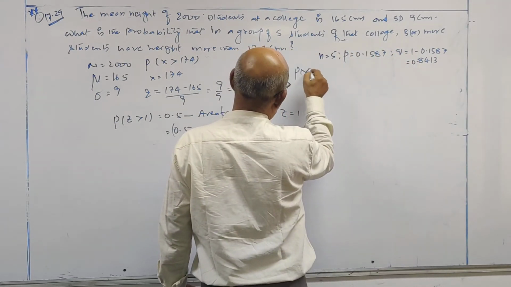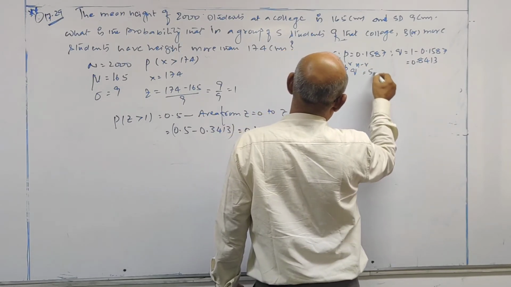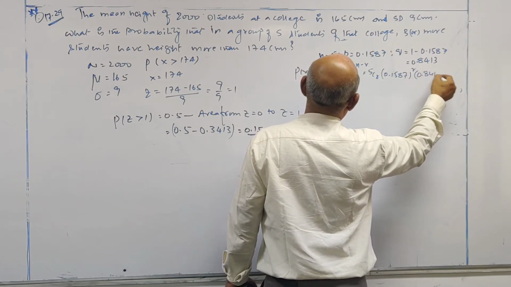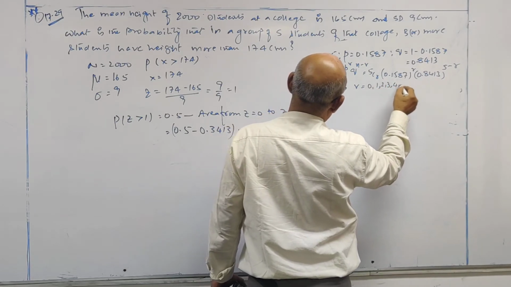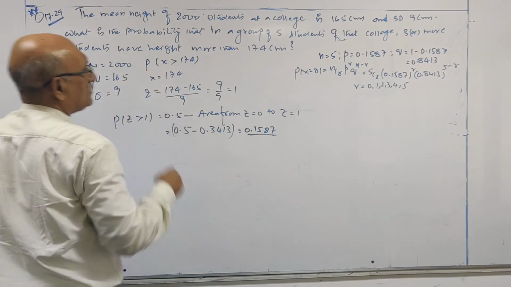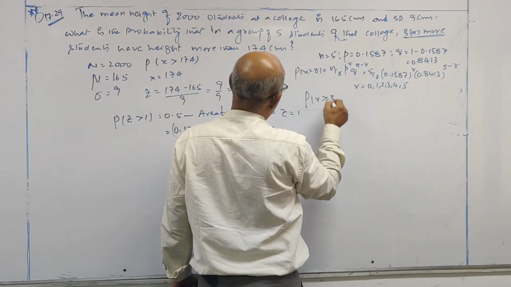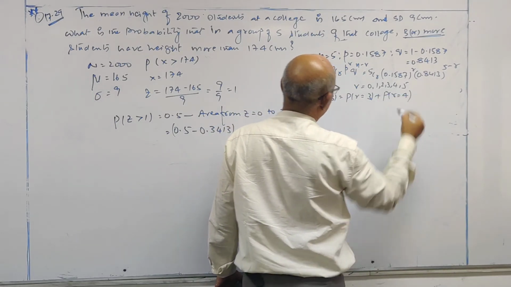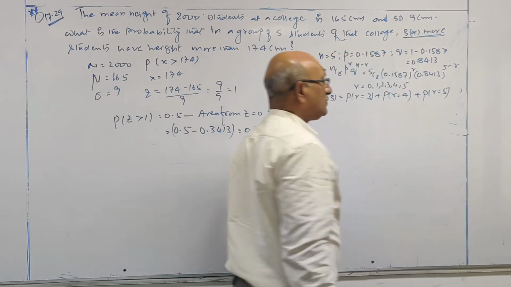So the probability mass function is nCr p power r q power n minus r, that is 5Cr (0.1587) power r (0.8413) power 5 minus r. r takes the values 0, 1, 2, 3, 4, 5. What is required? Three or more students, r greater than or equal to 3. So r is equal to 3 or r is equal to 4 or r is equal to 5.